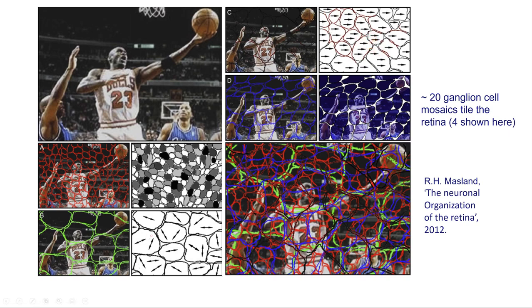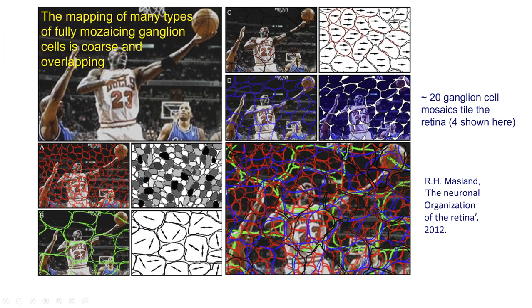And this one, B, measures velocity in all kinds of other directions, but it's bidirectional. So we have to get a completely different idea of what the retina is. And these coarse and overlapping mosaics are in the visual system combined to the sharp image that we perceive.